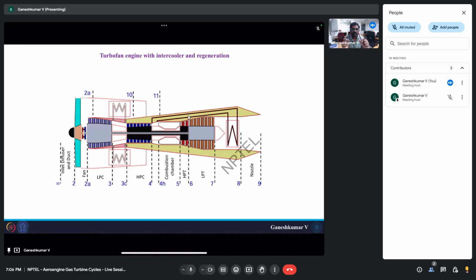The reason is that when you heat the gases based on the exhaust gas, the amount of fuel that you need to add in the combustion chamber reduces. That's the whole purpose of this regeneration. It basically minimizes the fuel consumption.